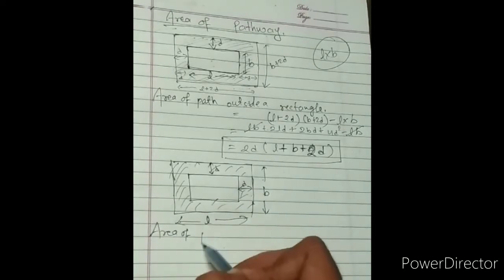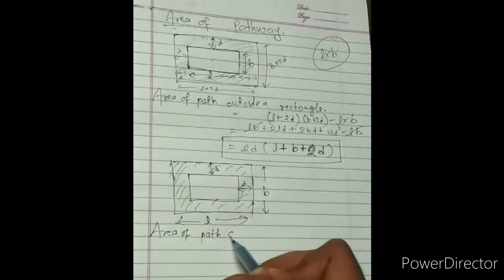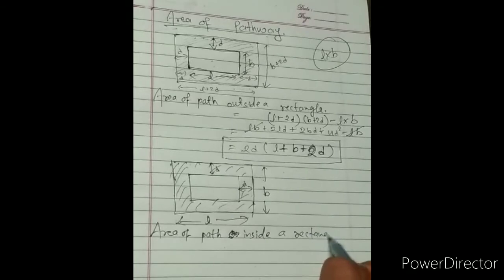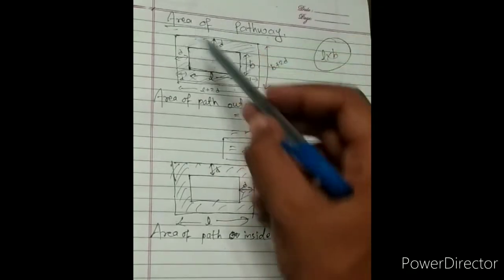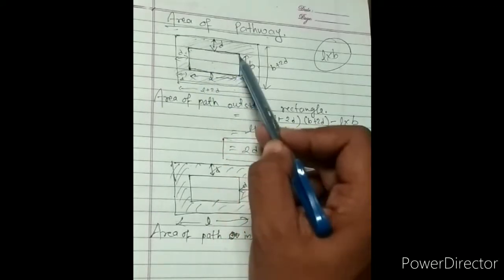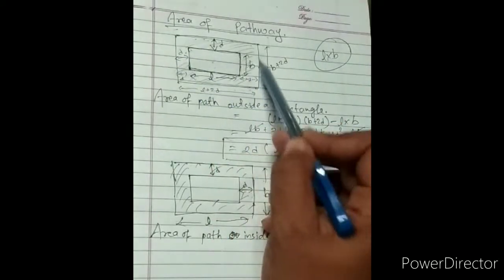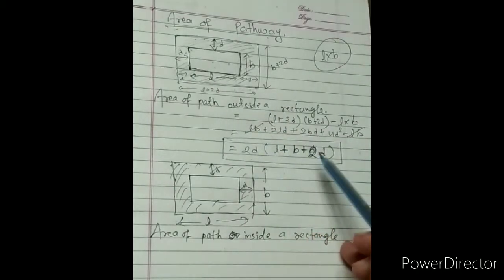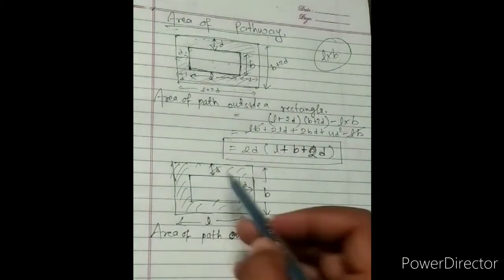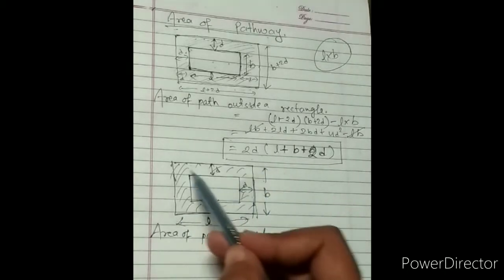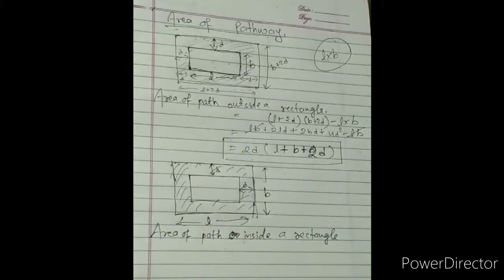Area of path inside a rectangle. You can see here the rectangle is given, whose length and breadth are L and B. Outside, this path is outside of this rectangle, so 2d L plus B plus 2d. Similarly, if the outer part is given, now you have to find inside a rectangle.